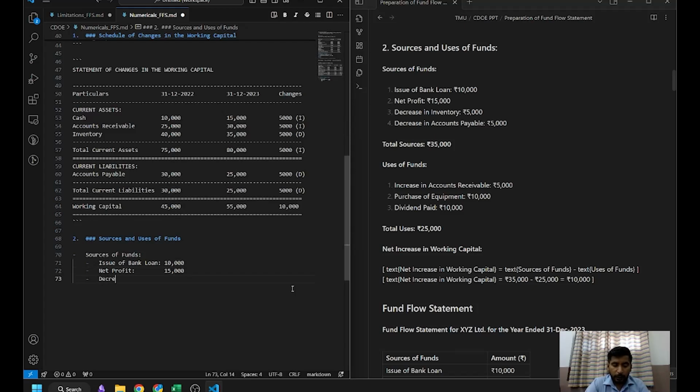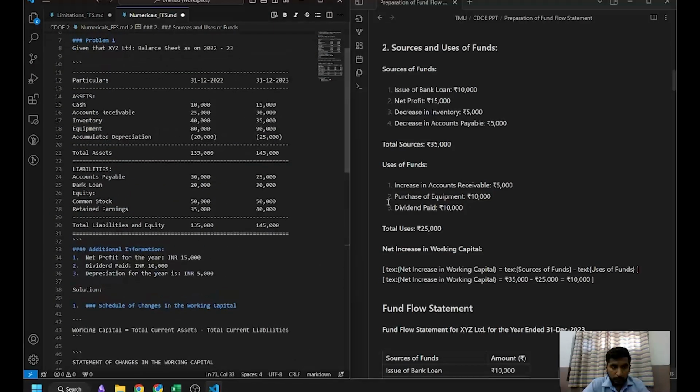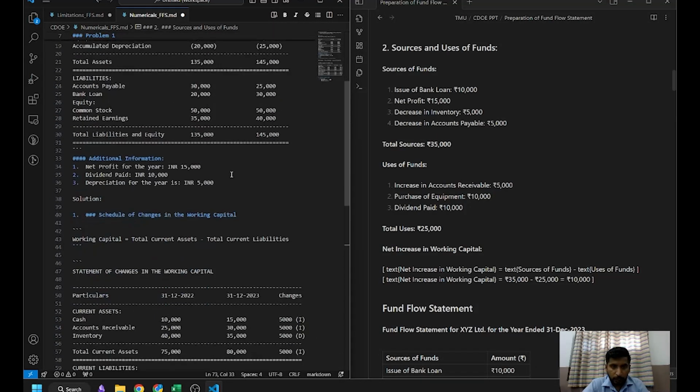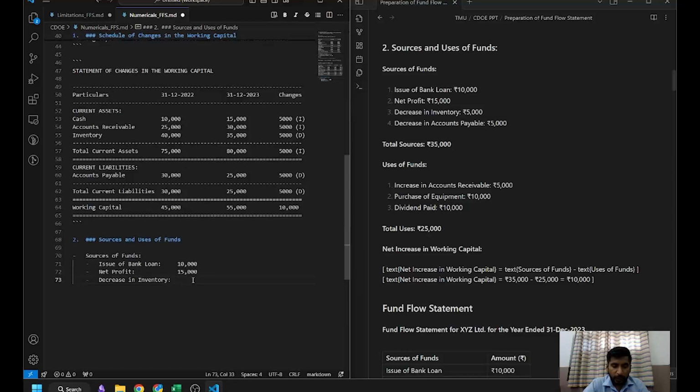Then decrease in inventory. There has been a decrease in the inventory because it is shown in the balance sheet. That means the person might have the additional fund of 5,000, which will be reflected here.